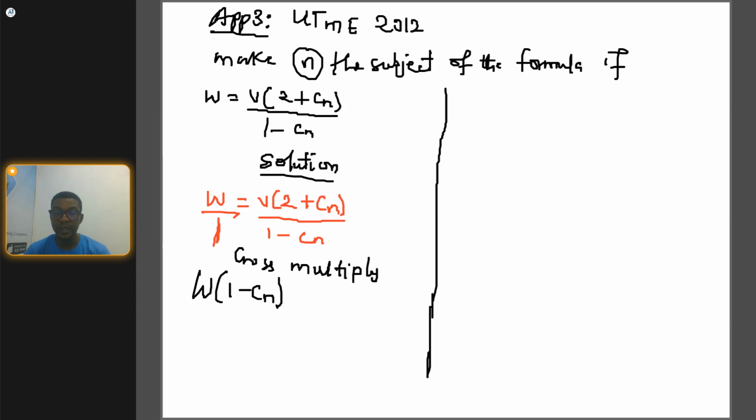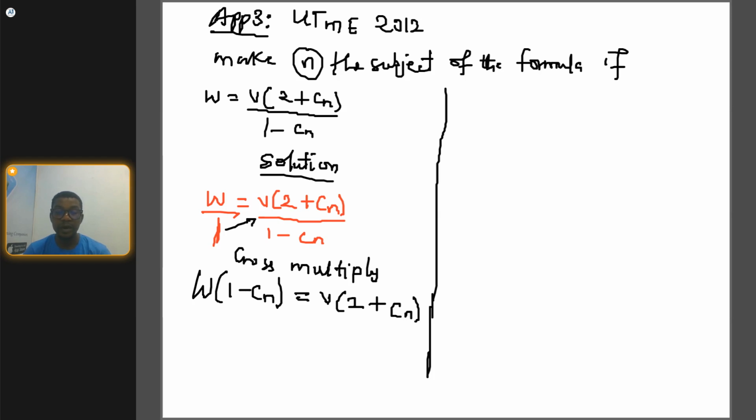Jane, can you see the writings? Okay. So if I cross multiply, I will have this equals 1 will multiply this. That will be V in brackets 2 plus Cn, close the brackets.